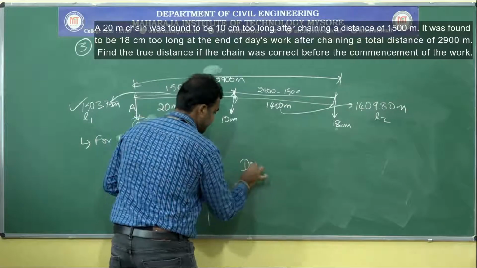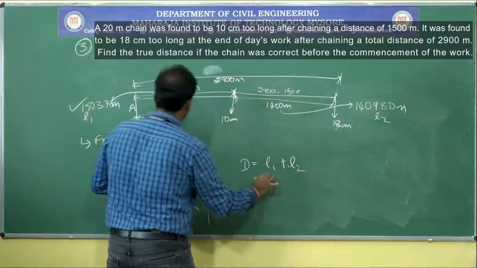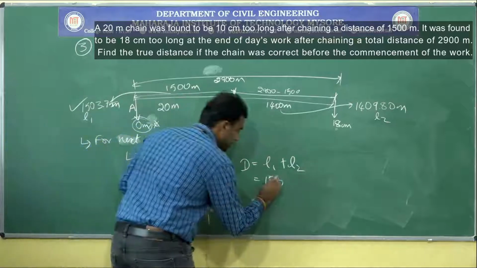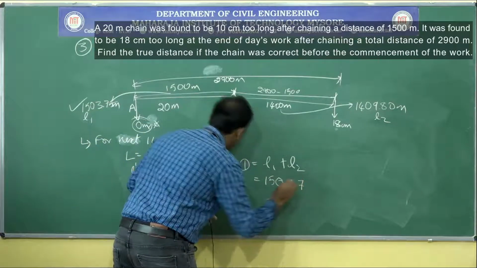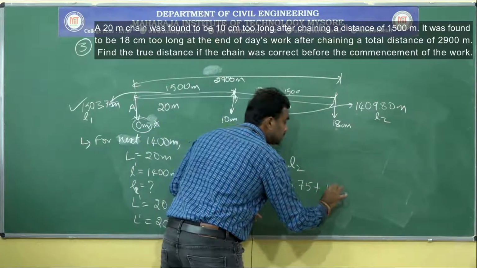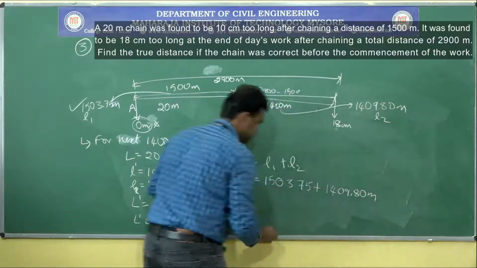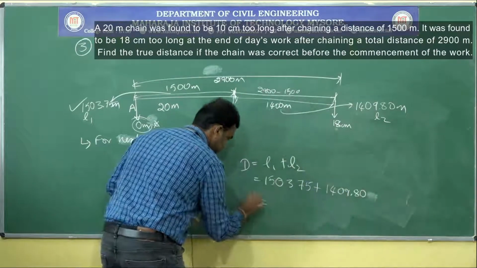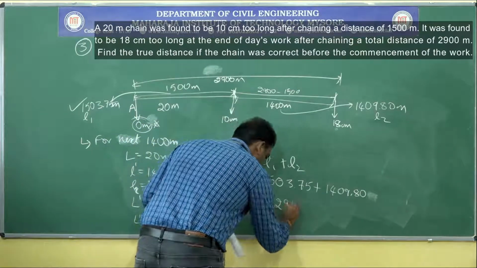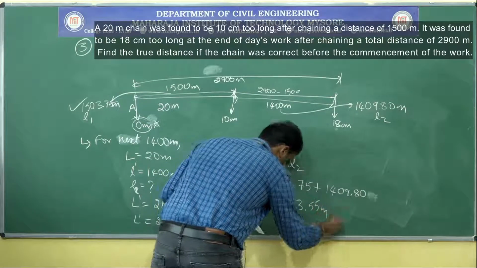I will consider it as D. D is equal to L1 plus L2, that means 1503.75 plus 1409.80 meters, which will be 2913.55 meters.